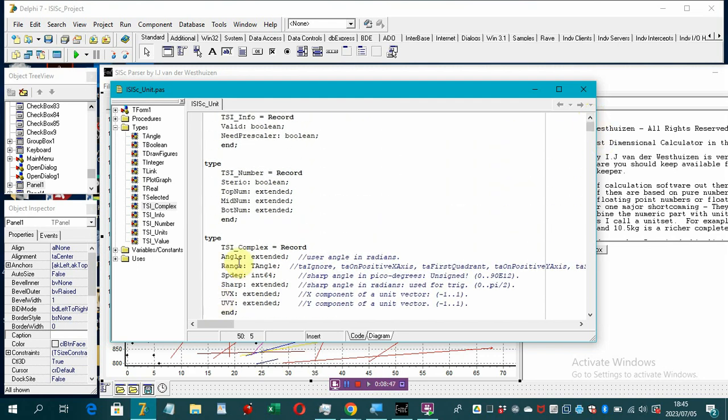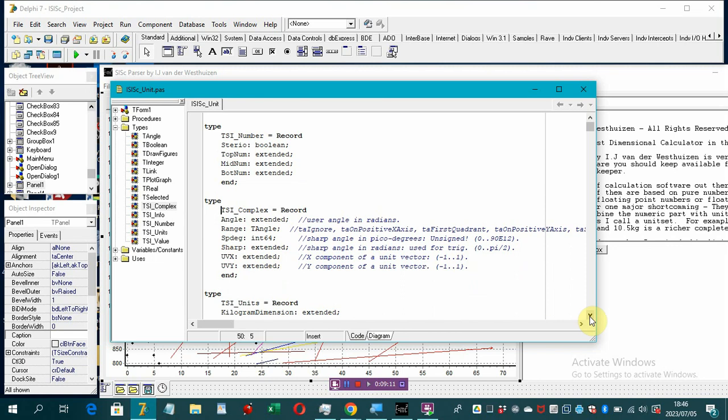So that angle will be 0 if it's on the x-axis, and 90 degrees if it's on the y-axis, or minus 90 degrees if it's a negative y-axis. Well, the angle will actually still be 90 degrees, but the radius will be a negative number. The TSC number will be negative.